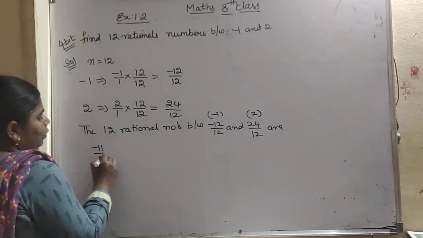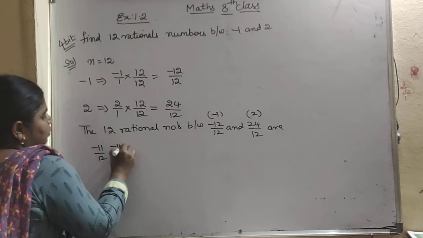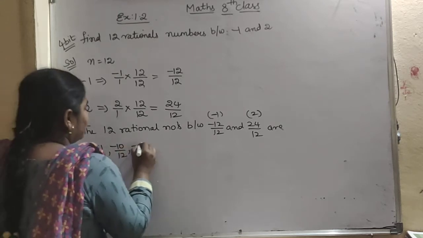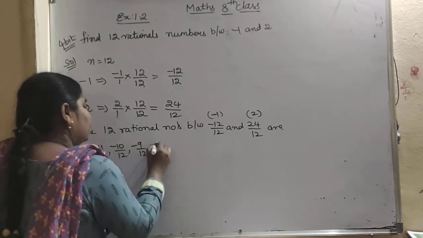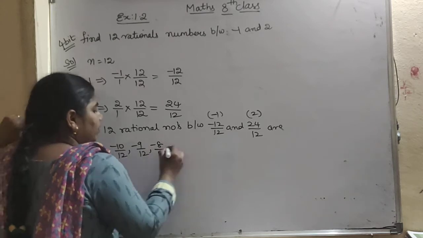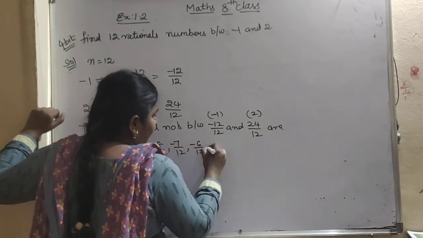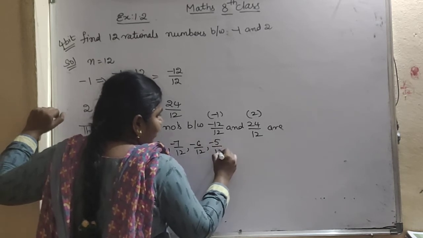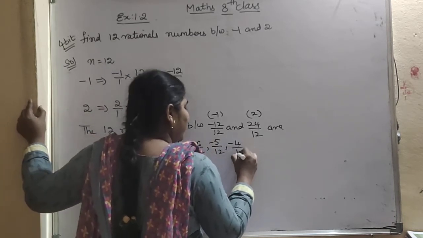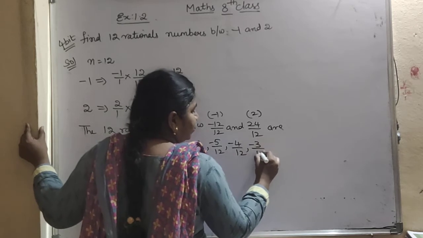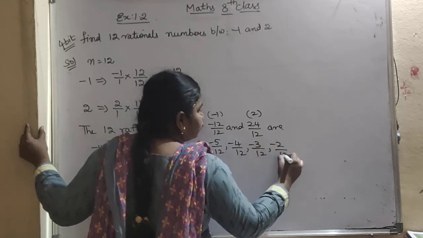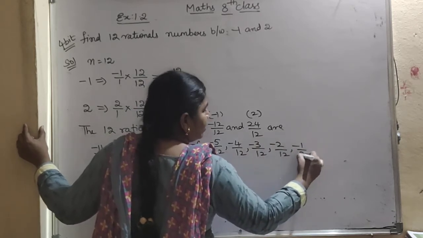Minus 11 by 12 you can take, minus 10 by 12, minus 9 by 12, minus 8 by 12, minus 7 by 12, minus 6 by 12, minus 5 by 12, minus 4 by 12, minus 3 by 12, minus 2 by 12, minus 1 by 12.